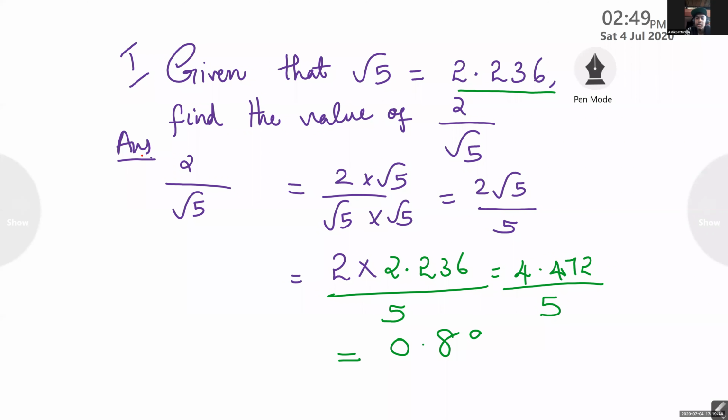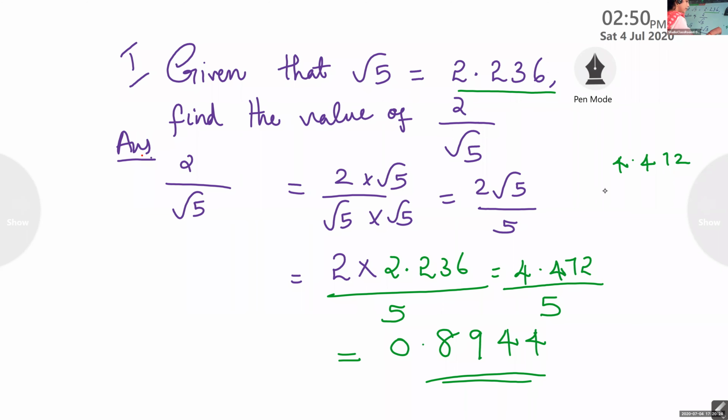Is there one more 4? Yes, ma'am. 0.8944, two 4s are there. No, ma'am, it is correct. 0.8944. How will you divide?